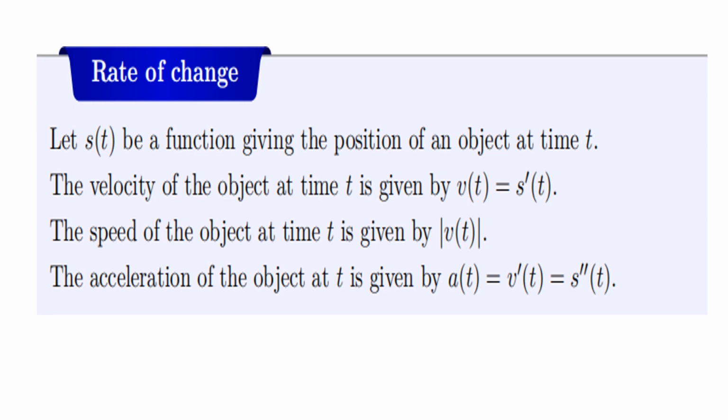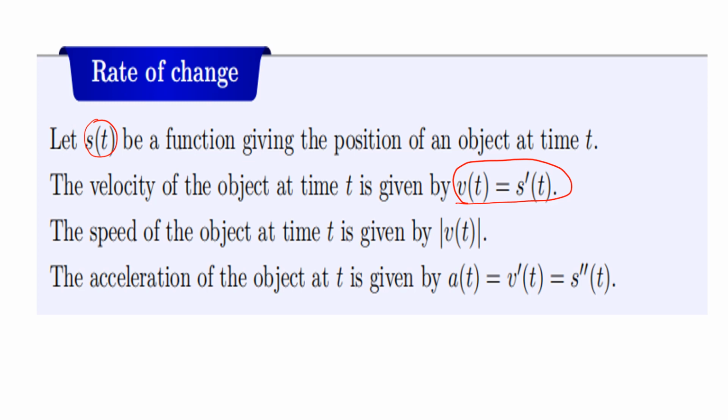How are we finding the velocity of the object? The velocity of the object at time t is given by v of t equal to s dash of t. What is the meaning of s dash of t? It is the first derivative of the given position function s of t.